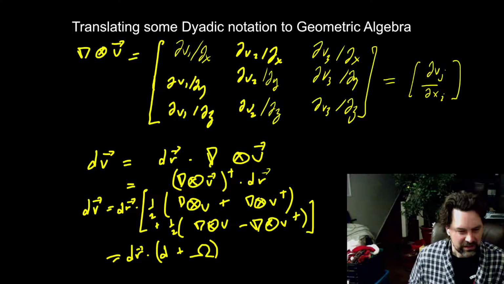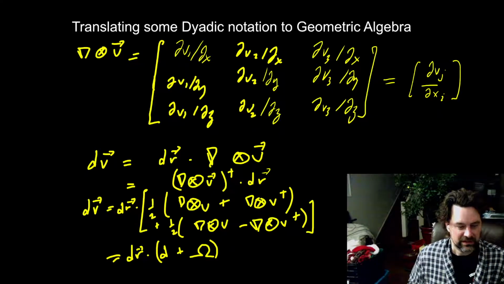Now, the other part of this exercise is to find the geometric algebra equivalence to this symmetric and antisymmetric decomposition of these products.